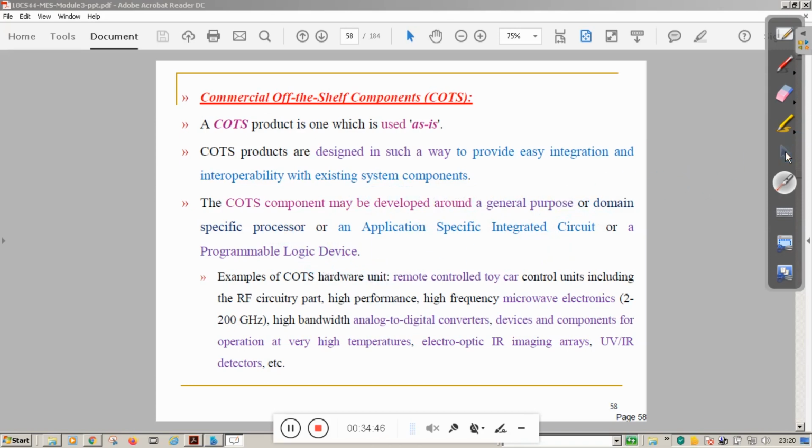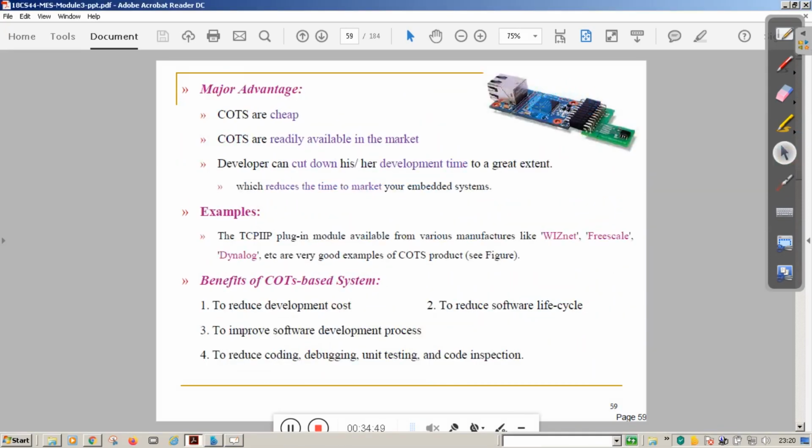So, for example, you can see here an example of COTS. This is the circuit or a simple PCB design. Suppose I want my embedded system to have a LAN connection, then I can connect this to the existing embedded system by simply knowing the signals of the various pins, without modifying this board or the existing embedded system.